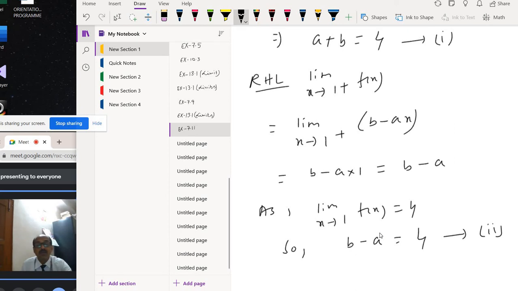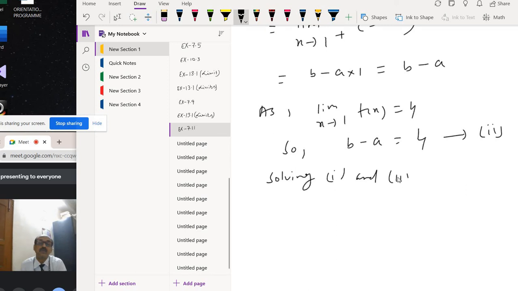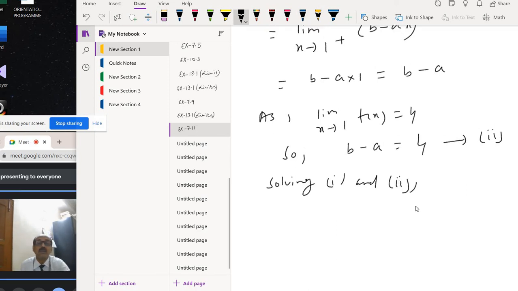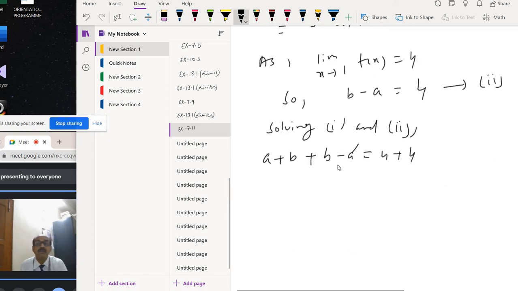Now solve 1 and 2. Adding 1 and 2: a plus b equal to 4, and minus a plus b equal to 4, so b plus b, minus a plus a, equal to 4 plus 4. So 2b is equal to 8, and therefore b is equal to 4.